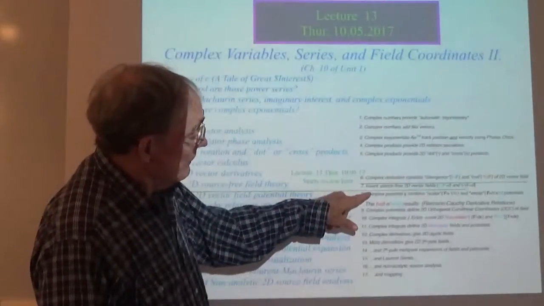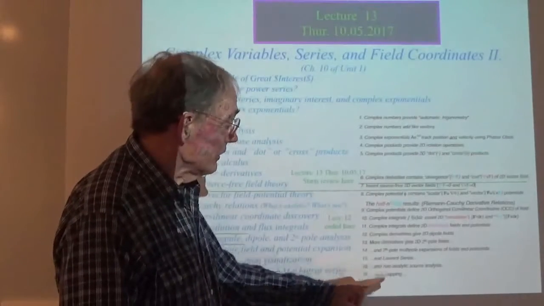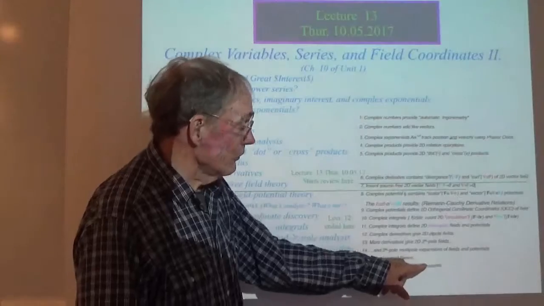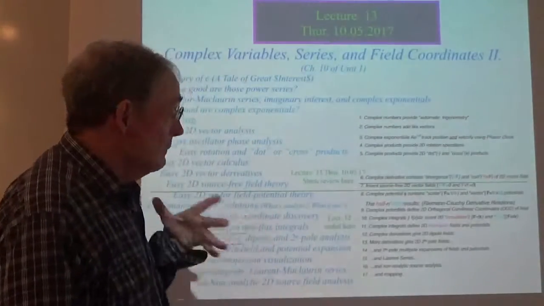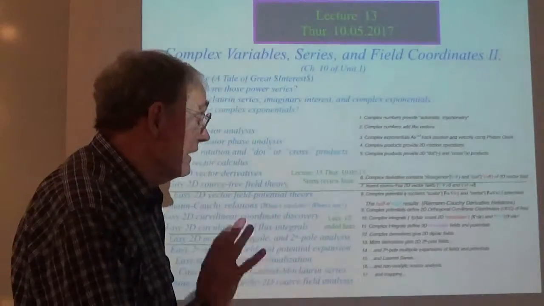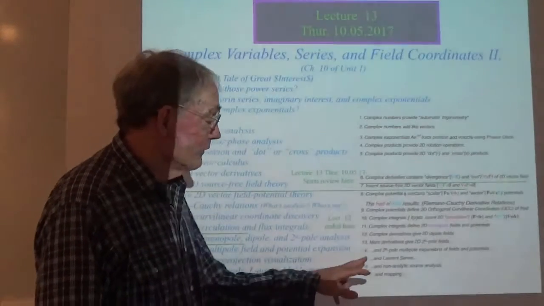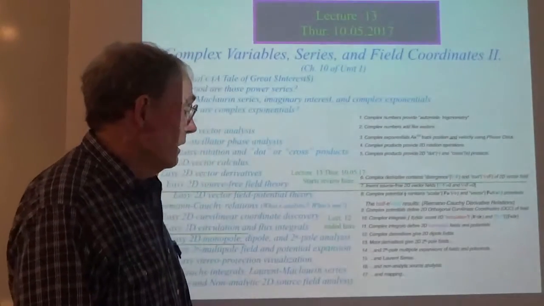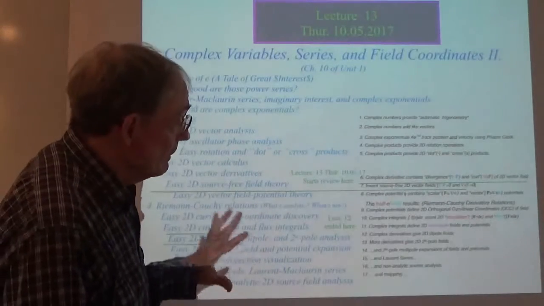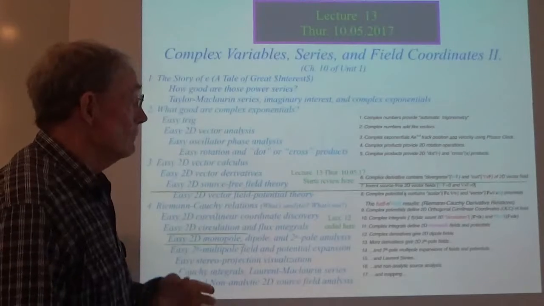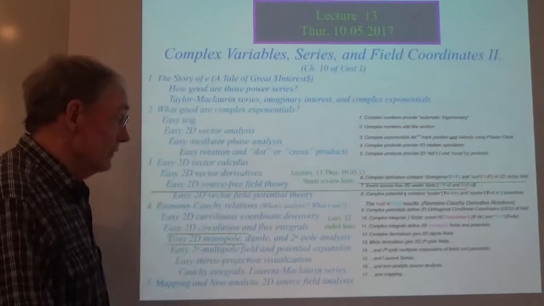Now, at the end of this section, this business with non-analytic source, the fields and the complex variables can be applied to that too. That's sort of a weird thing that I discovered as I was playing with this and trying to make it more useful. But we'll get to that at the very end.